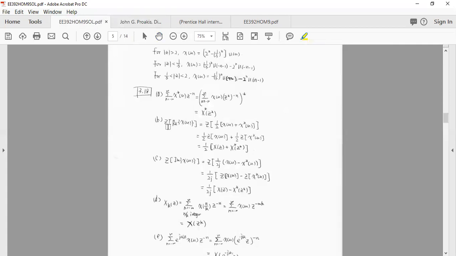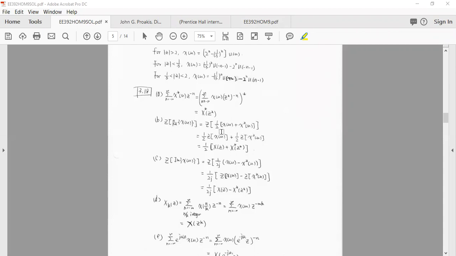The z transform of this real part of x of n could be rewritten with the real part of x of n as half into x of n plus x conjugate of n, right?